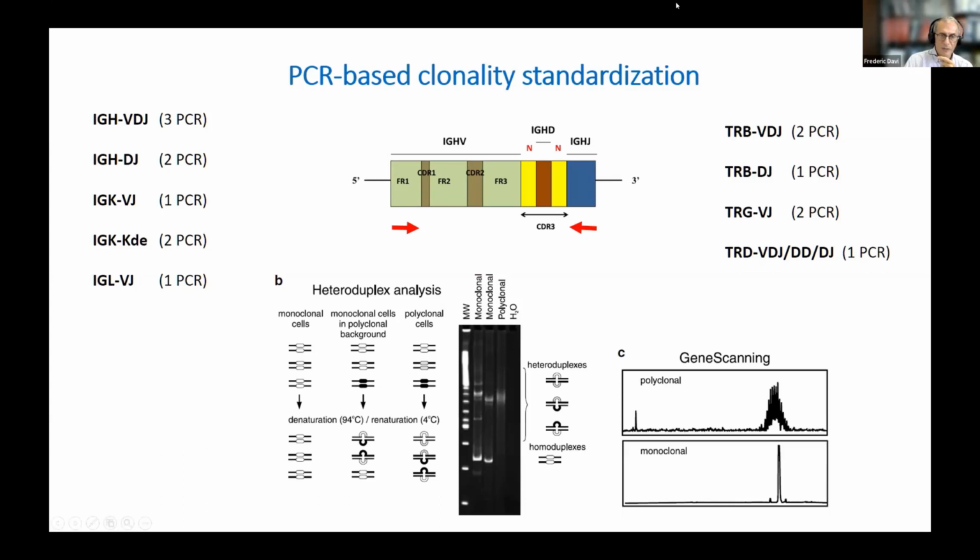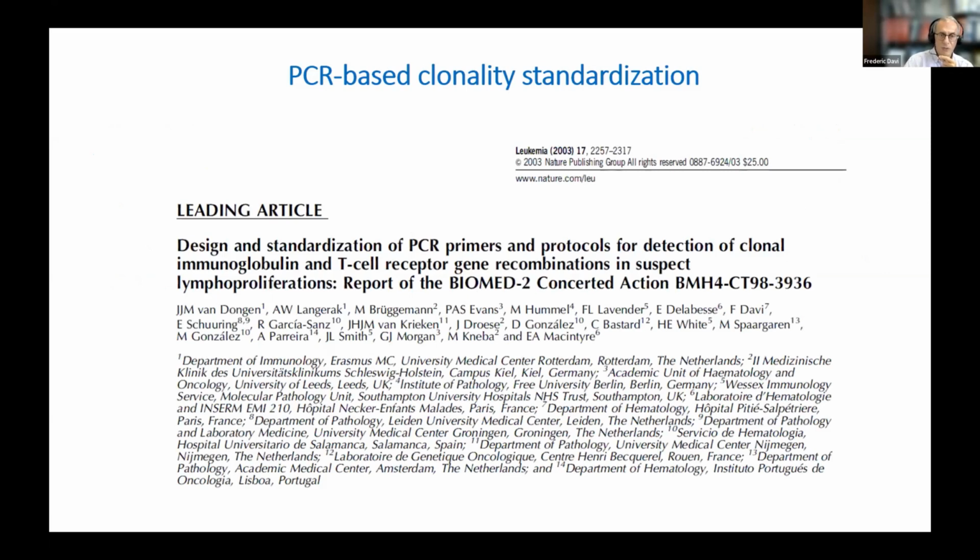At the time, the analysis was heteroduplex or gene scanning, which led to this paper that some of you may know, which was really the proof that the collaboration could provide a very robust test for clonality assessment. And I believe the Biomed-2 primers and PCR assays are still used by many laboratories.